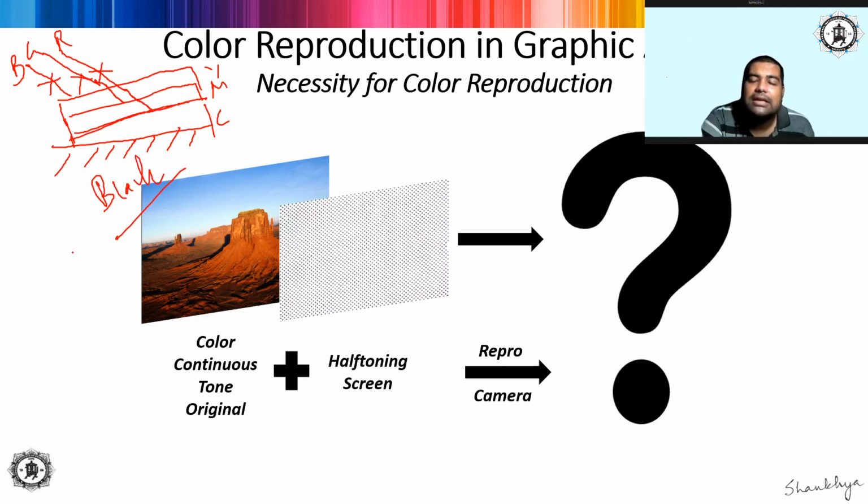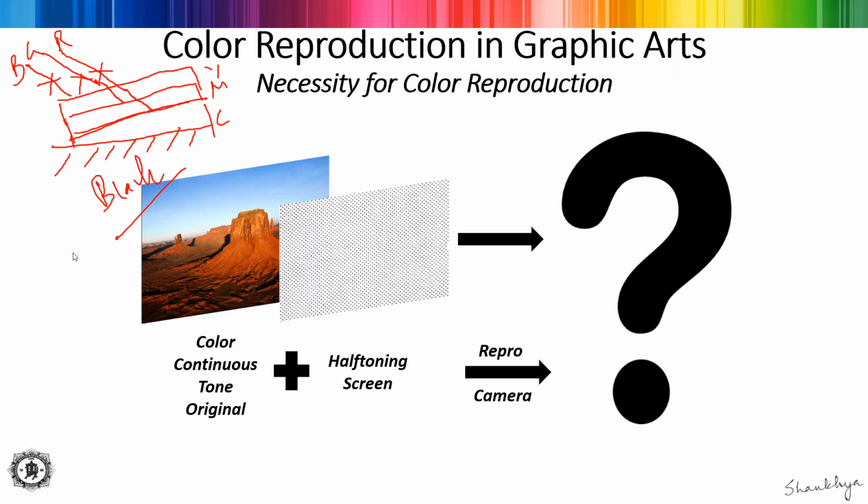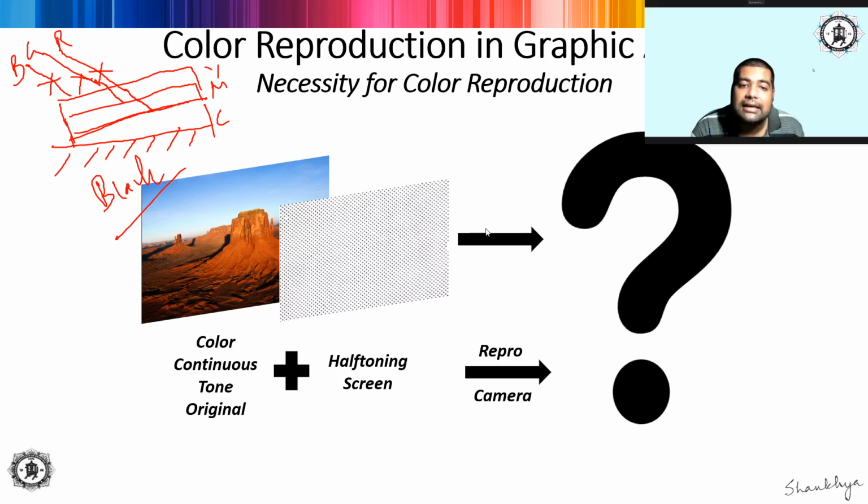Why black? Because in absence of any light, we actually see black. This is basically one of the reasons why we need a fourth printer, which is known as the black printer.